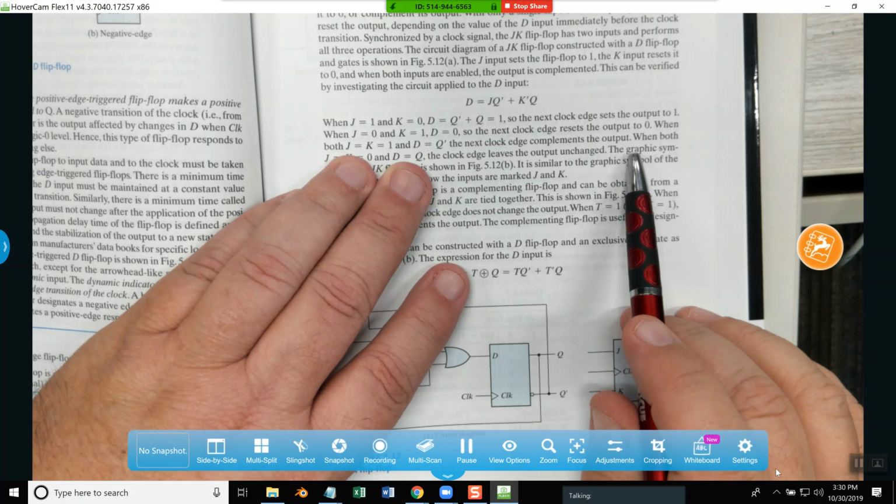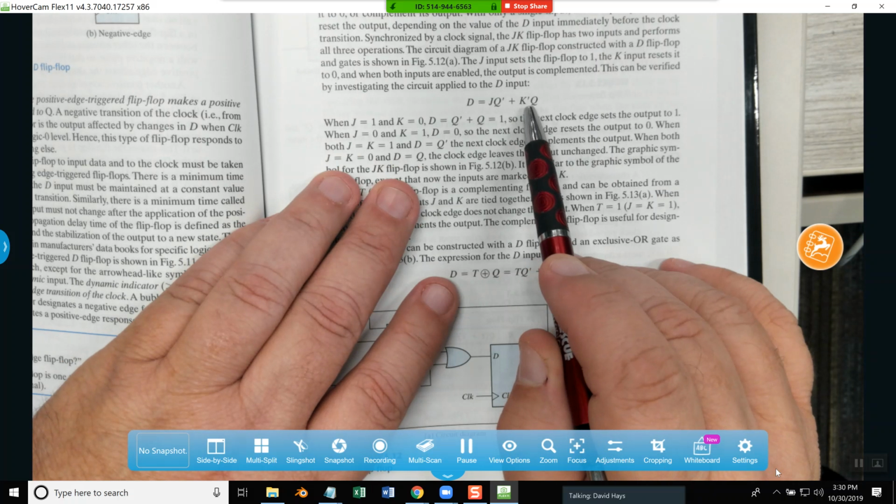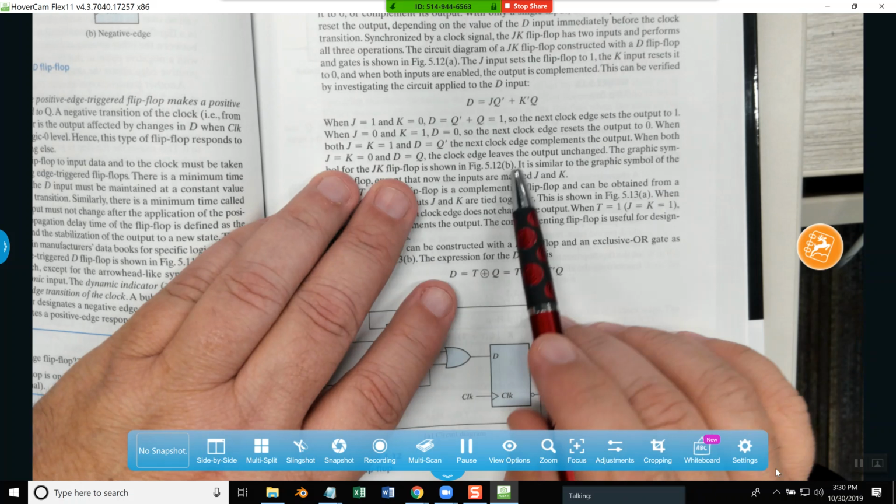When T is equal to 0, then J and K are both 0. Of course, J and K being 0 helps you figure out what this is. The clock edge does not change the output. When T is equal to 1, J is equal to 1 and K is equal to 1. So this would drop away, and I give you this. It complements the output.